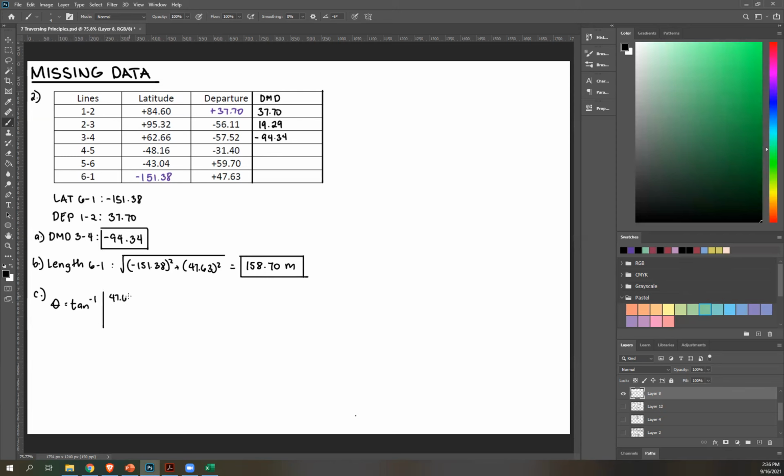So 47.63 over negative 151.38. Again, absolute value, so you can just disregard that. What's the answer? Okay, correct.